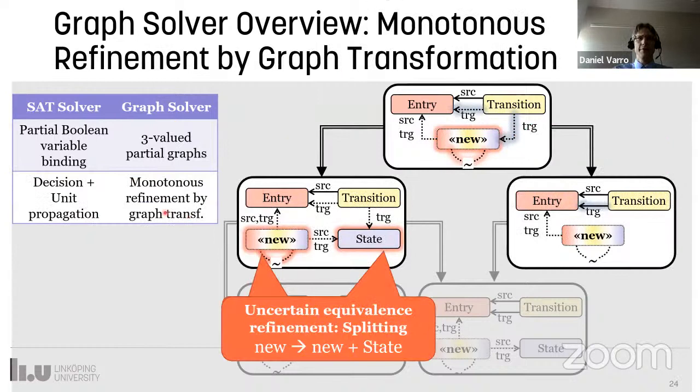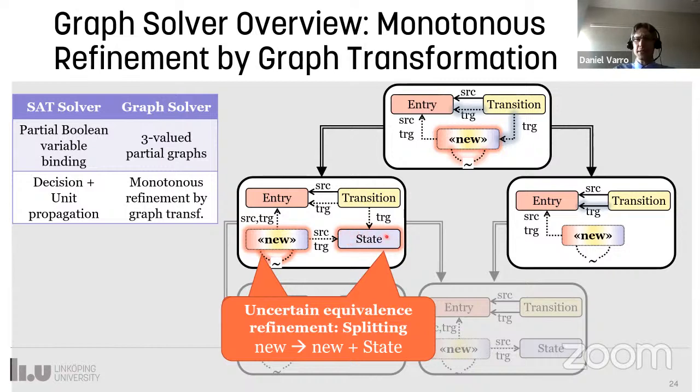Now, during graph generation, we are applying the equivalent of decision rules and unit propagation rules. In case of a decision rule, we reduce uncertainty. This can be done by splitting uncertain nodes. For instance, this previously uncertain new node is now split into two. One still remains the uncertain generator node, and then we introduce a new state, which is a solid line.